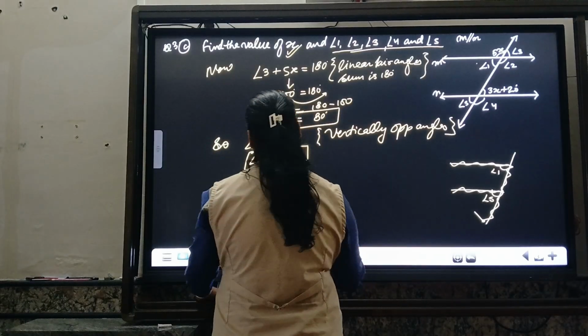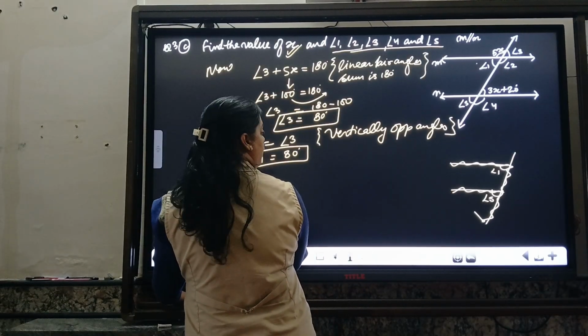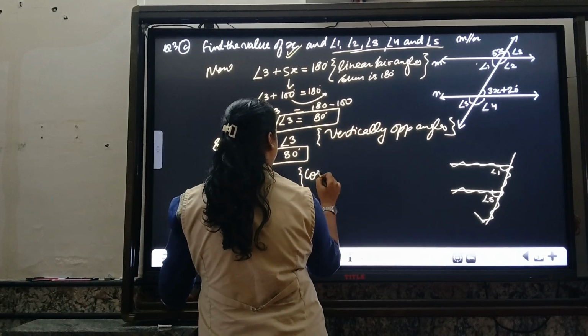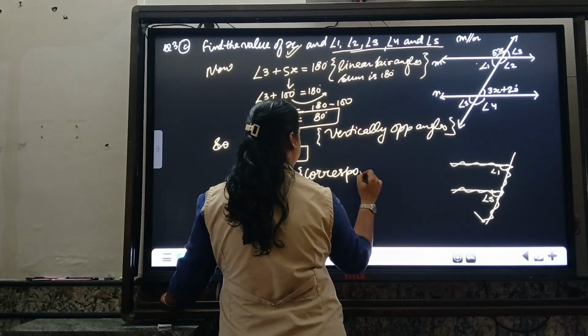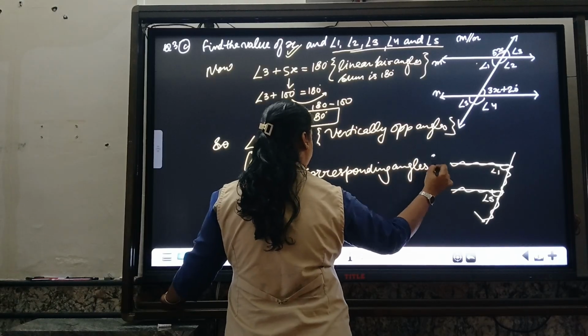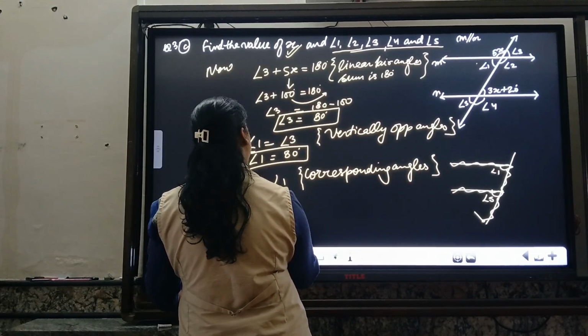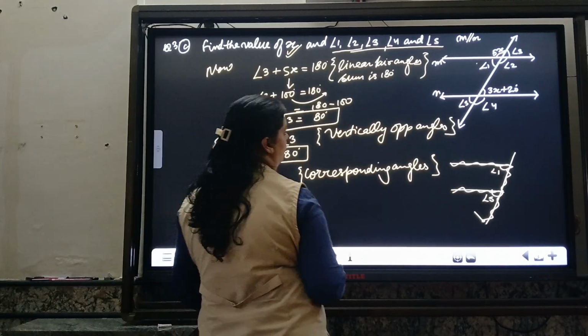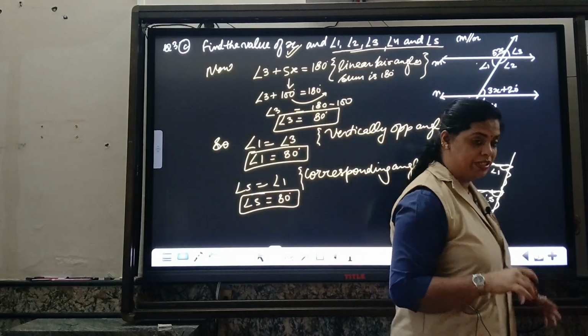Their measurement should be equal. Angle 5 is equal to angle 1, corresponding angles are equal. So angle 5 should be 80 degree. Hence we have taken out all the variables or missing angles.